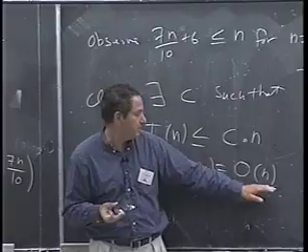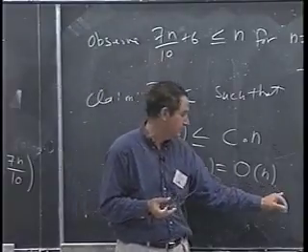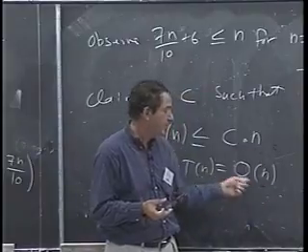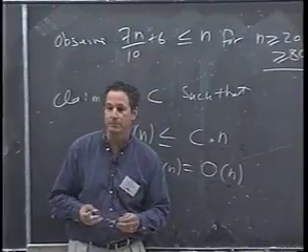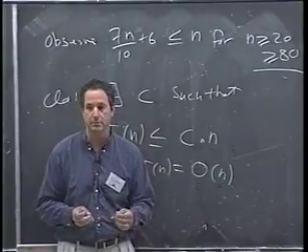Now, as a lead into something else I'm going to talk about today or next time, this algorithm has running time big O of n. Can I say yet that it has running time theta of n?